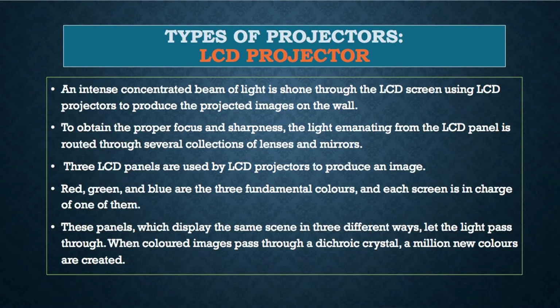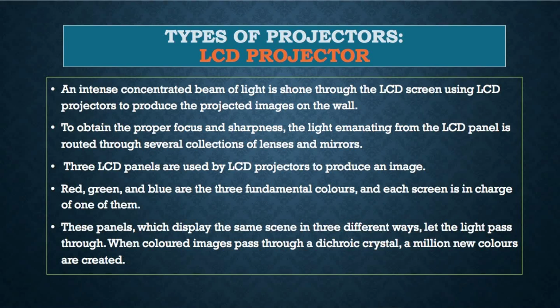An intense concentrated beam of light is shown through the LCD screen in LCD projectors to produce the projected image on the wall. To obtain the proper focus and sharpness, the light emanating from the LCD panel is routed through several collections of lenses and mirrors.